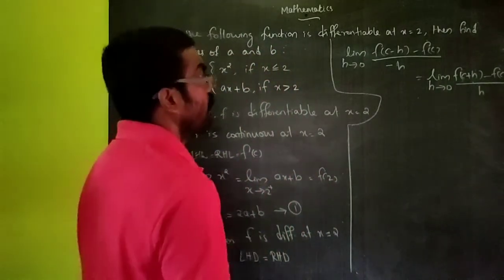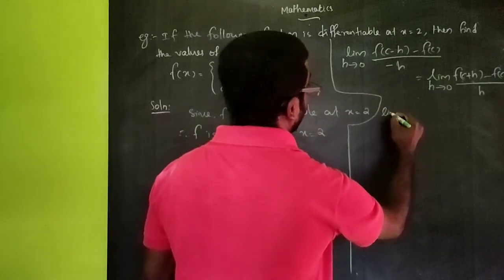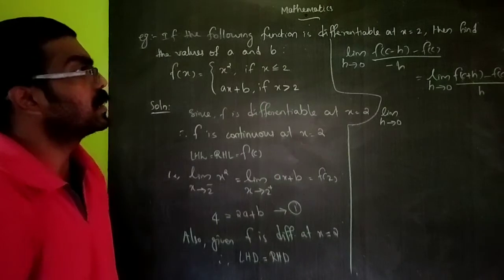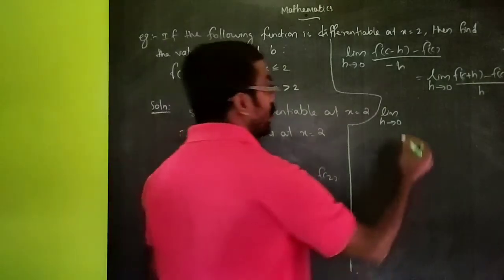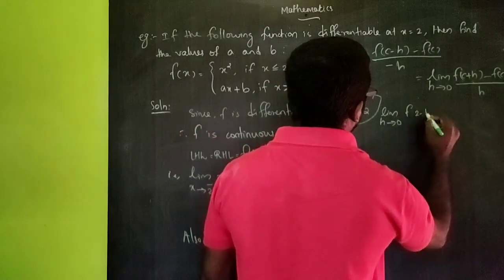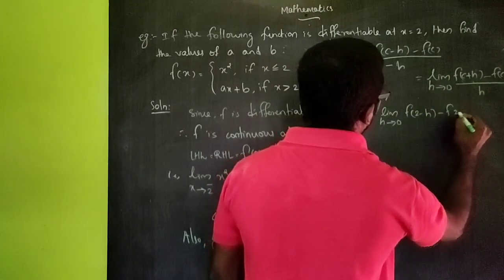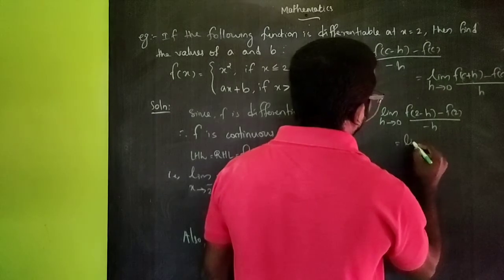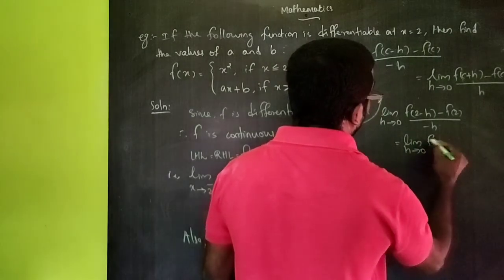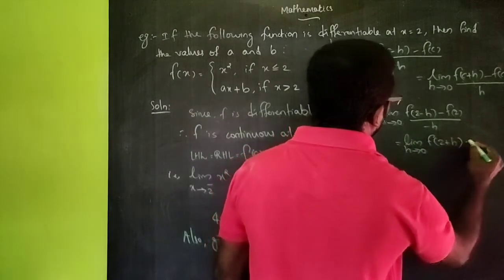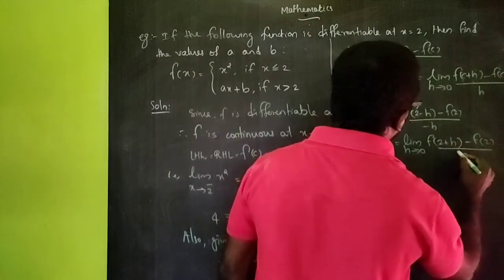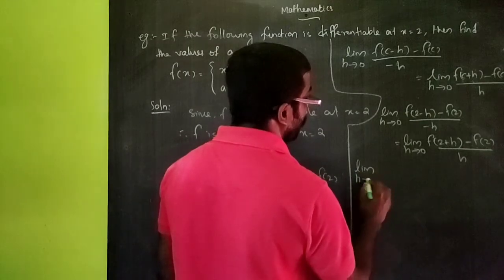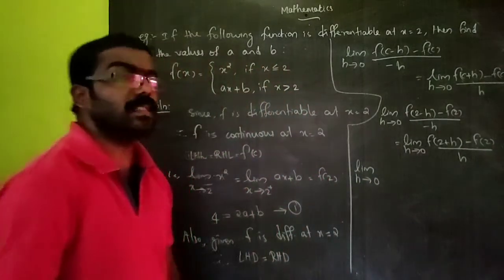Now we can apply the values. Limit h tends to 0 f of c minus h. Here c value is 2, so we can write f of 2 minus h minus f of 2 divided by minus h, which is equal to limit h tends to 0 f of 2 plus h minus f of 2 divided by h. That is limit h tends to 0 f of 2 minus h.